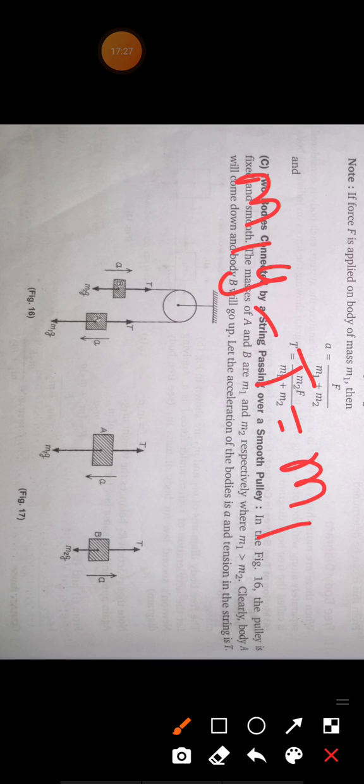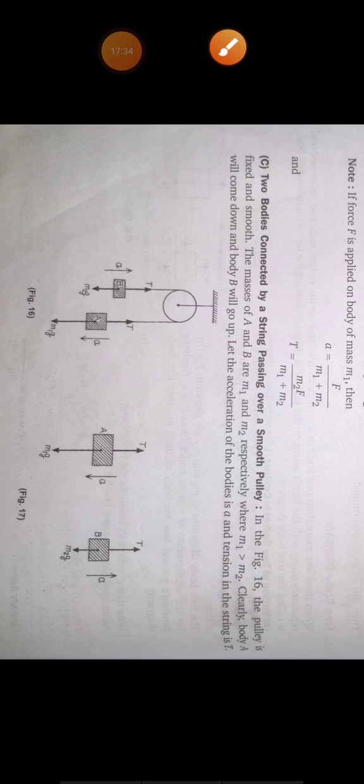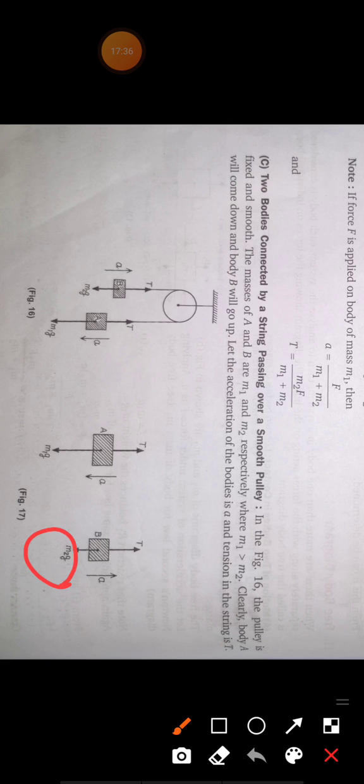The mass is M1 and the acceleration is A. So this is your first equation. For the second equation, in the second body there are again two forces acting.